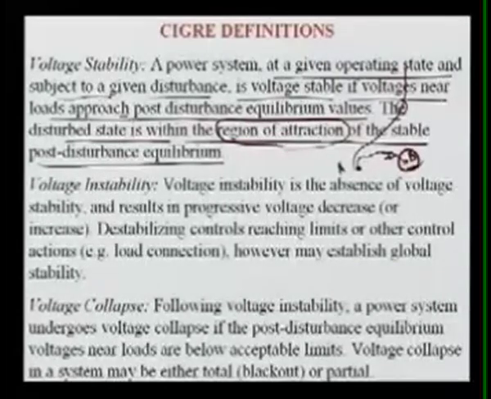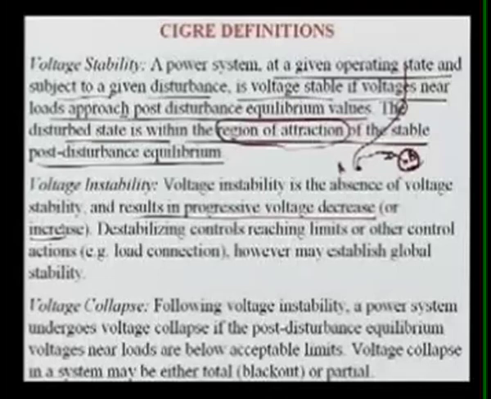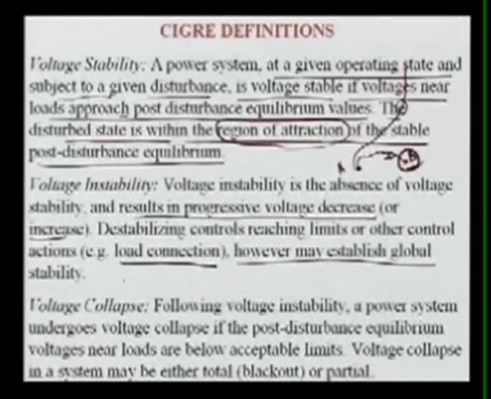The voltage instability is defined as the absence of voltage stability and it results in progressive voltage decrease, means your voltage keeps on decreasing or increasing, means both are true, means your voltage keeps on increasing or keeps on decreasing, then it is called the voltage instability. Destabilizing controls reaching limits or other control actions, for example load connection, however may be established global stability.